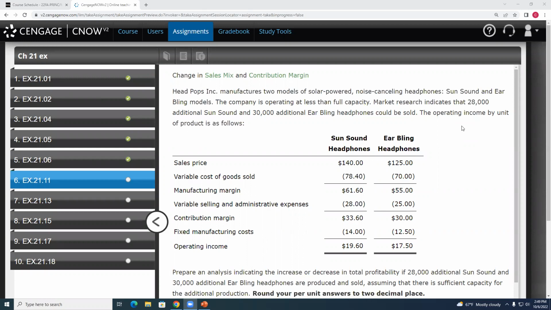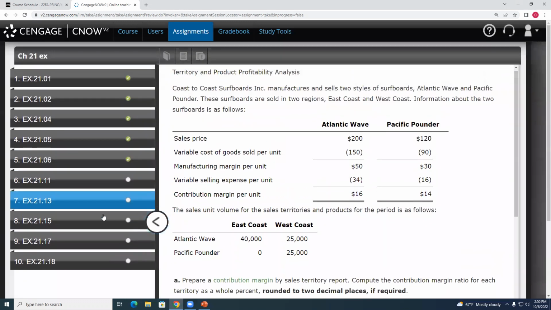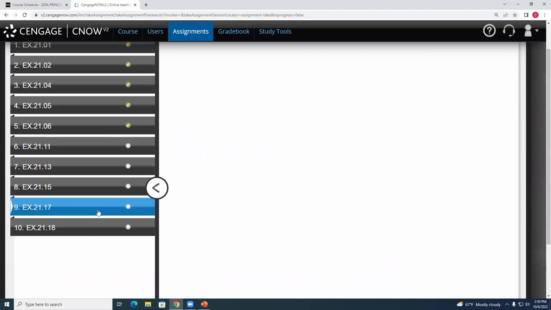In the next several exercises, we'll start here with exercise 6 today. We finish this exercise. We will leave the remaining exercises for our next class, which will be next Thursday. So we'll be talking about territory and product profitability analysis, segment profitability analysis.